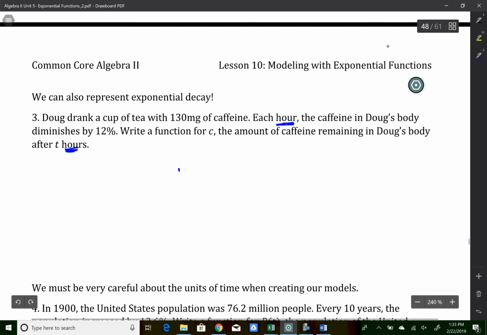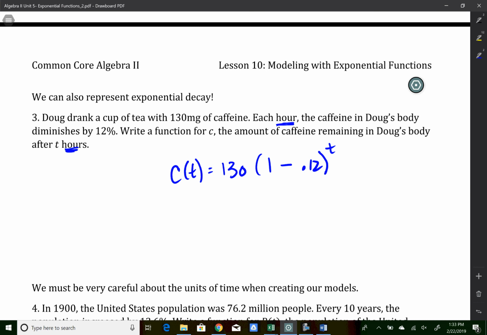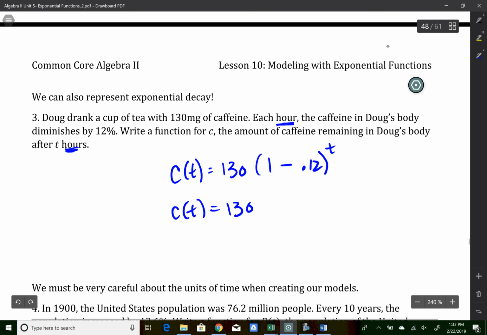So C of T is equal to 130 times 1 minus, to make it decay, 0.12, all to the T, where T represents the number of hours of caffeine being in your body. Clean it up a little bit, and we get 0.88 in that parenthesis.